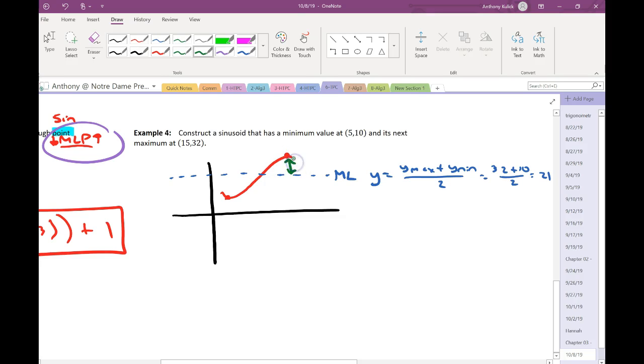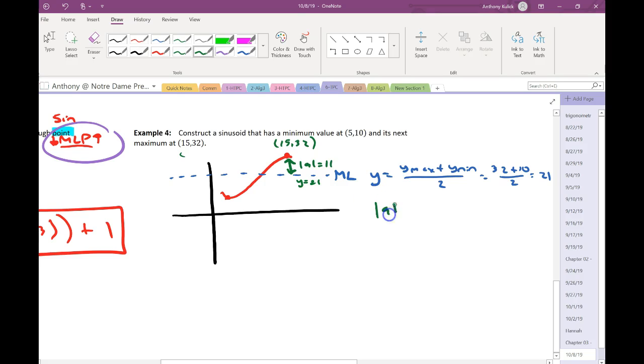The amplitude is that distance. So if this is 21 and that's 32, how far is this distance here got to be? 11, right?